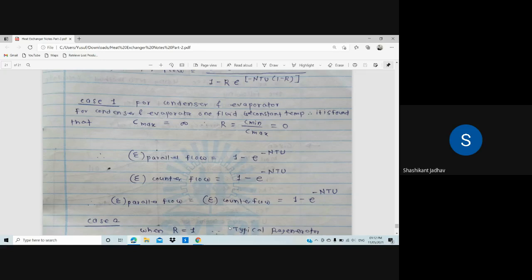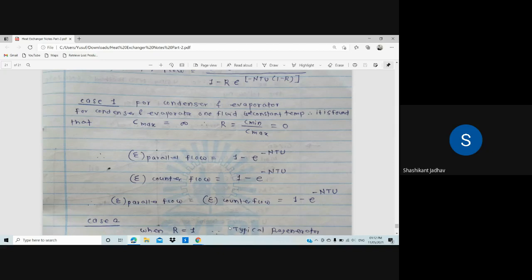R is equal to 0 is for the condenser and evaporator. Putting this value into that equation, we get the effectiveness for parallel flow heat exchanger equal to 1 minus e raised to minus NTU.